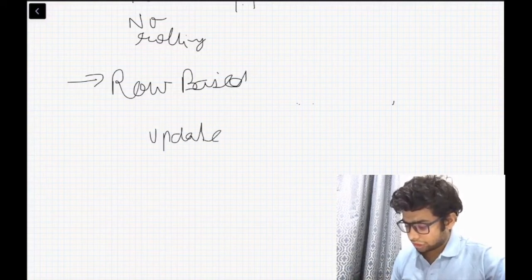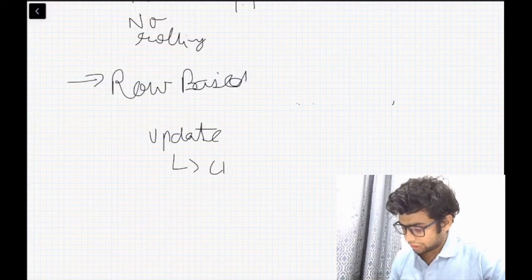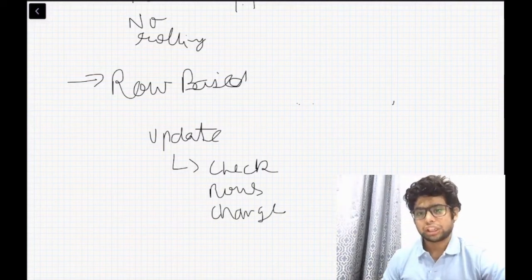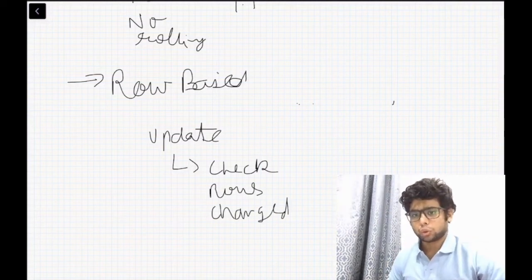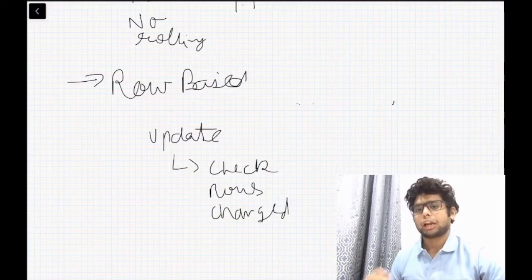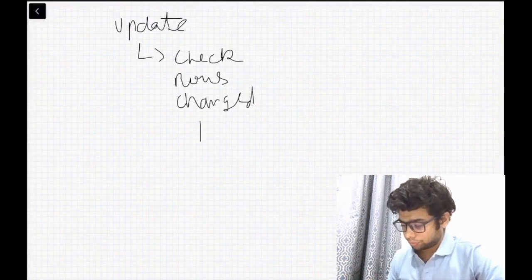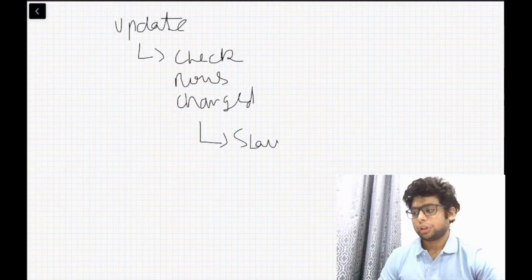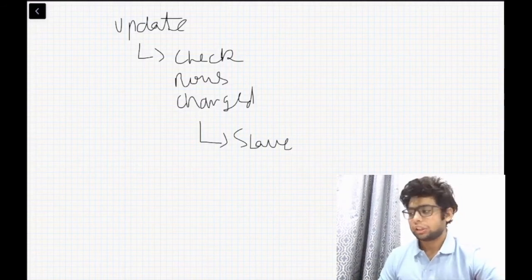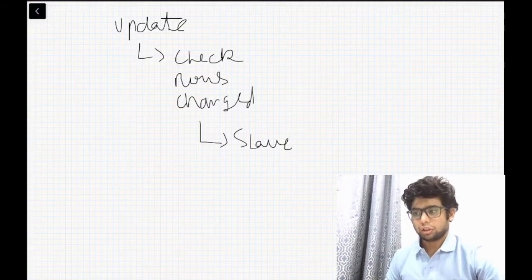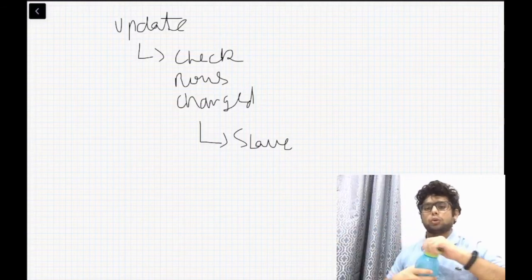This would first check the rows which are affected, check the rows that change, and then it would save some kind of unique identifier for these rows, and then propagate to the slave that please change these rows, and then the slave would make changes. So that is row-based replication. These are basically the methods to replicate.